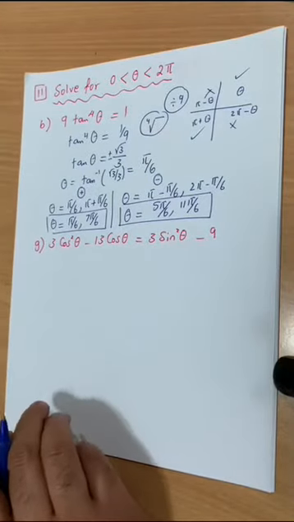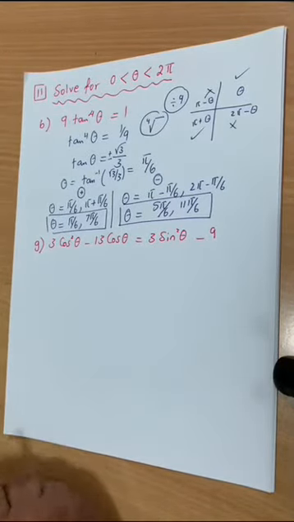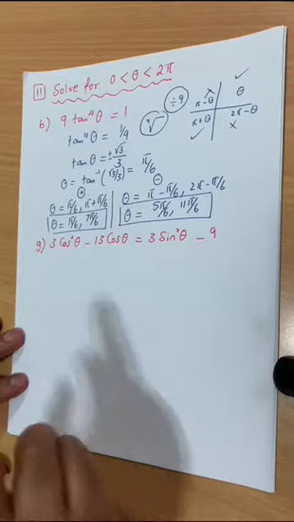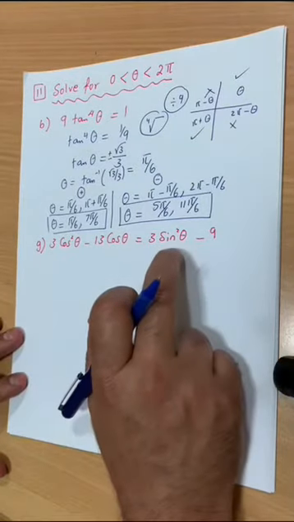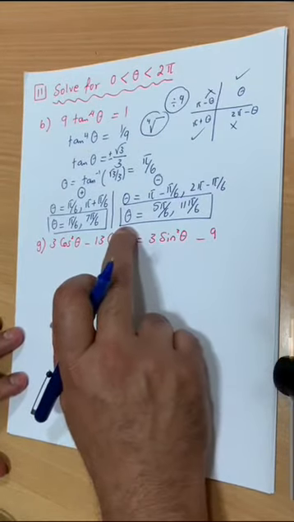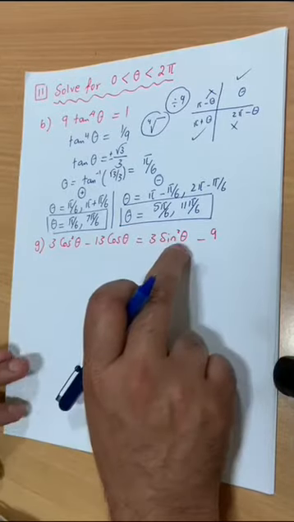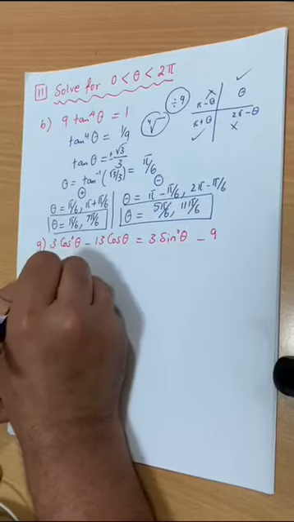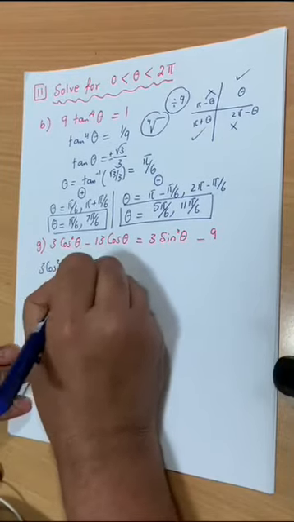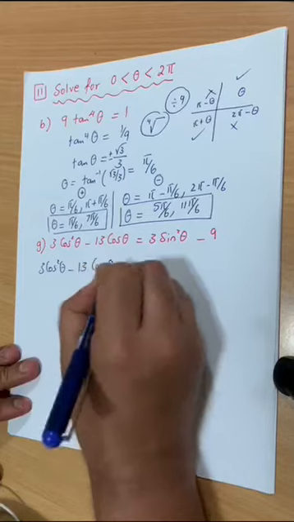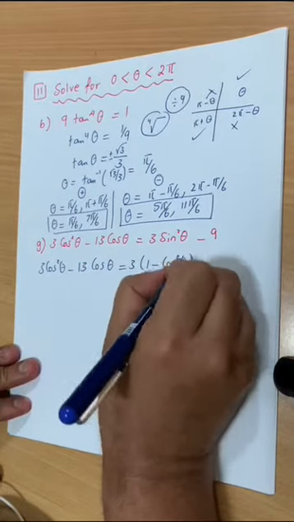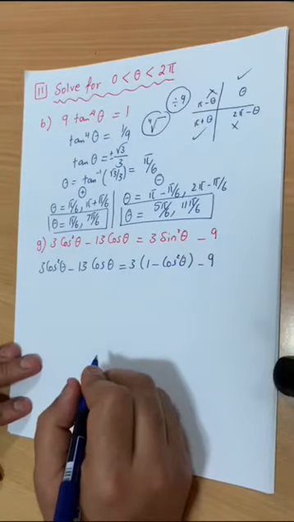This question: 3 cosine squared theta minus 13 cosine theta equals 3 sine squared theta minus 9. Cosine, cosine, sine. We can't change cosine to sine, but we can change sine squared to cosine. So 3 cosine squared minus 13 cosine equals 3 times 1 minus cosine squared, minus 9.